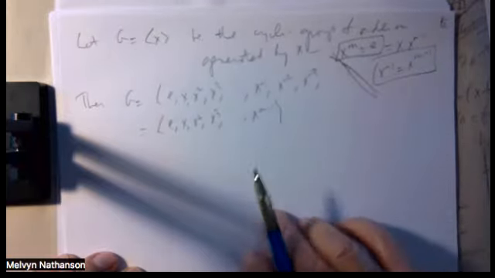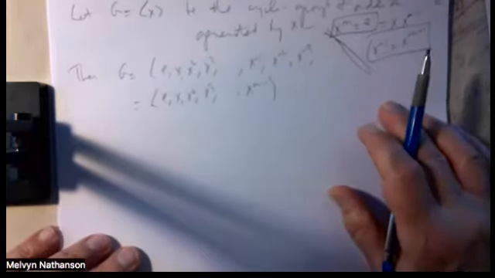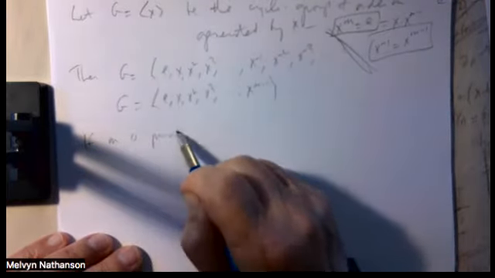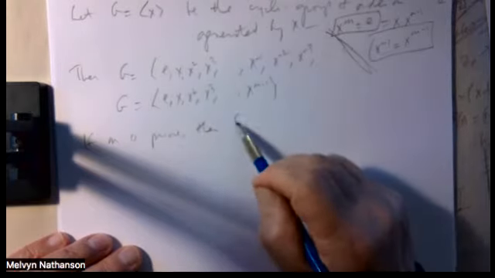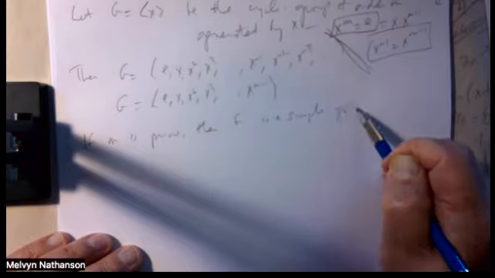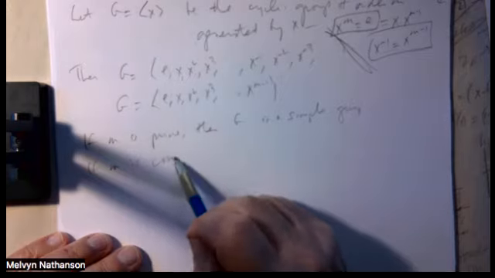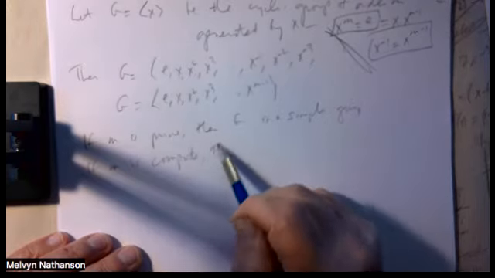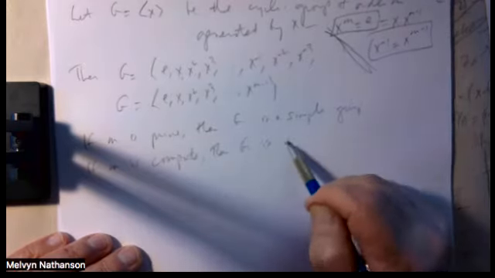So these are the elements of the cyclic group of order M. And if M is prime, then G is a simple group, has no proper subgroups. If M is composite, then G is not simple.